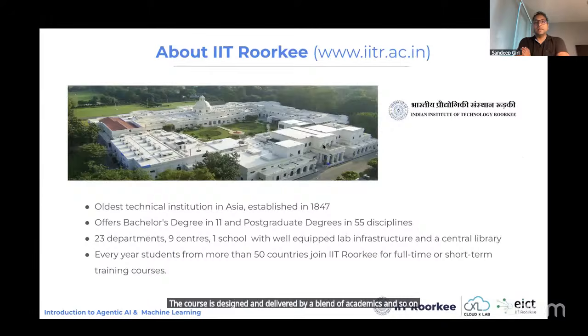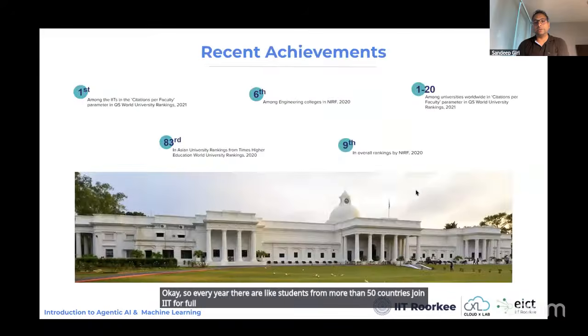So, a brief about IIT Roorkee. IIT Roorkee is the oldest institution in Asia, established in 1847. It offers bachelor's degrees in 11 courses and postgraduate degrees in 55 disciplines. Every year, students from more than 50 countries join IIT Roorkee for full-time and short-term training courses.